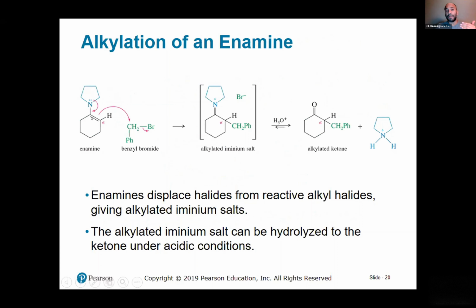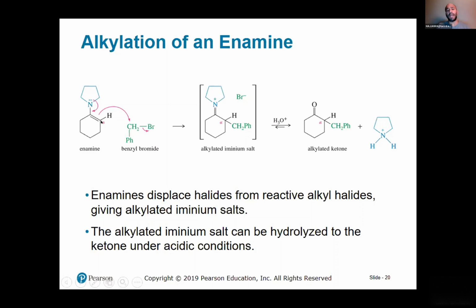Well, this happens only when you have an electrophile. You need an electrophile for the lone pair of the nitrogen to delocalize to form a C double bond N and push the pi bond to be a C minus. If you don't have an electrophile, obviously the stable structure is the enamine that you see in front of you.